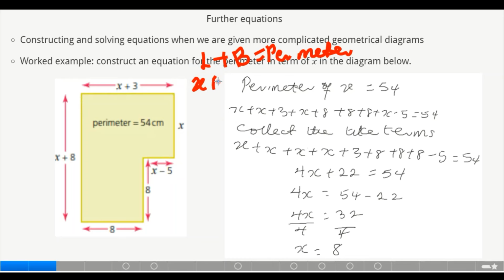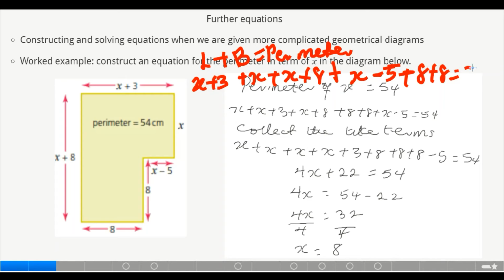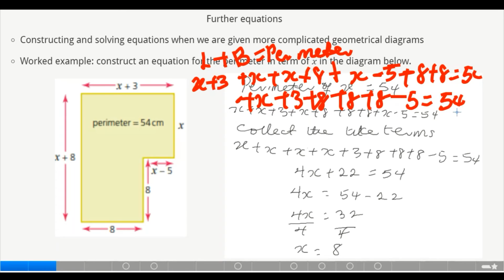So we have x plus 3 plus x plus 8 plus x minus 5 plus x plus 8 equals 54. So how many x do we have here? 1, 2, 3, 4. So we have 4x. Now plus 3 plus 8 plus 8 minus 5 equals 54. That's the perimeter that has been calculated here.